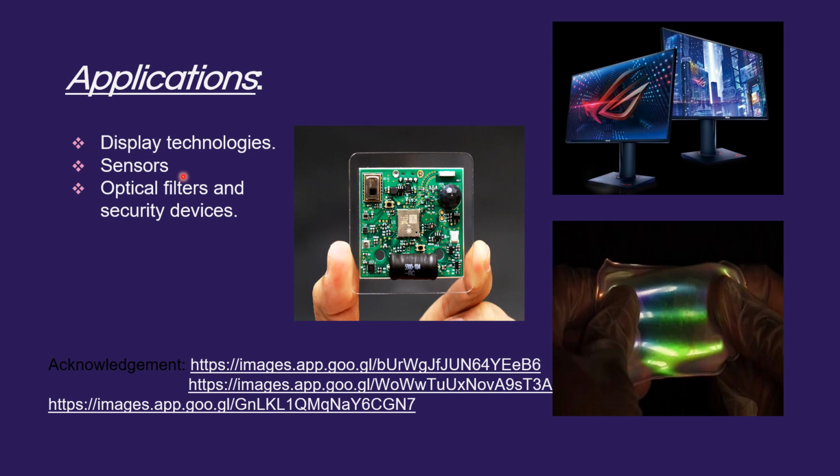They are widely used as temperature and humidity sensors, which work with thermochromic materials and hygrometers. Moving on to optical filters and security devices, they are used in 3D displays, camera lenses, and optical communications, because they serve as tunable optical filters for controlling the polarization state of light.